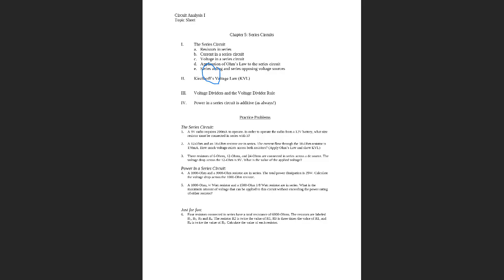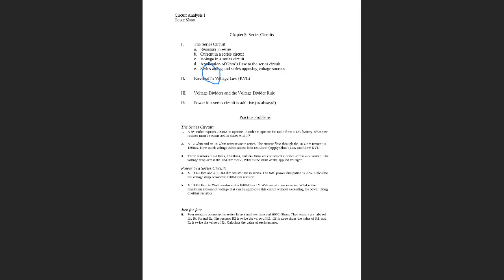Current in the series circuit, there's just one current, the same everywhere. Voltage in the series circuit, well, that's Kirchhoff's voltage law: the sum of the voltage drops equals the total voltage. Application of Ohm's law to series circuits, well, that's kind of what we did with practice problems 1, 2, and 3. And then we did power, numbers 4 and 5.